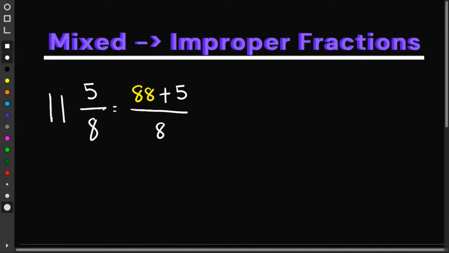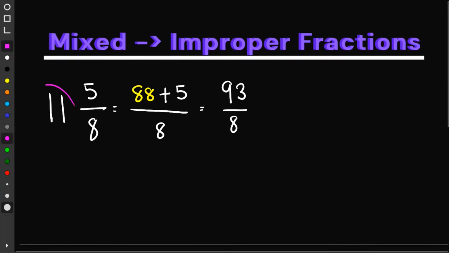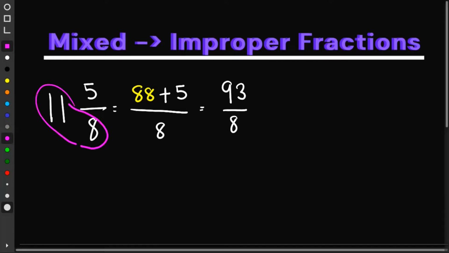Now 88 plus 5 is 93 all over 8. So observe here that clearly the important step in here is the multiplication part, the denominator, as well as the whole number beside it. So that's the key part.